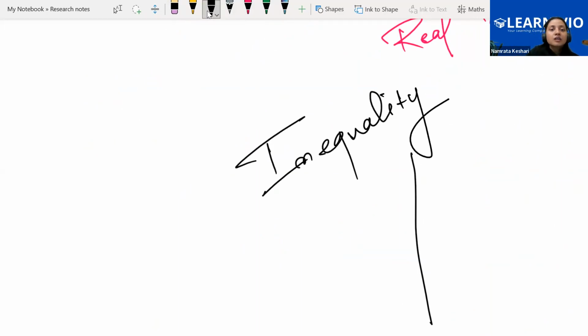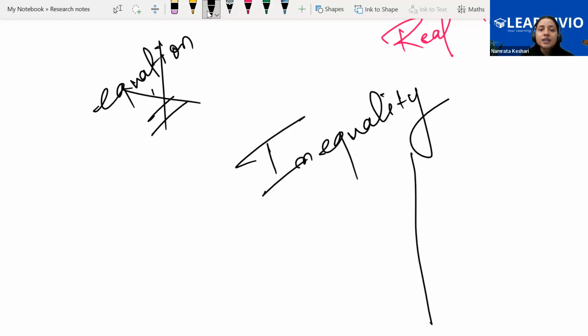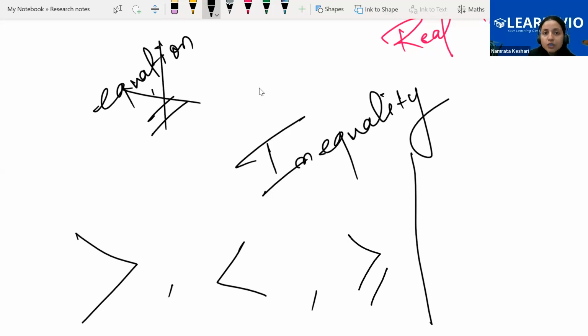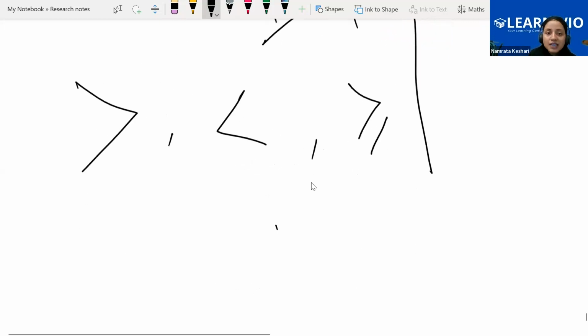Equation means that there must be an equality sign. Now we are going to talk about inequality signs. There are four inequality signs: bigger than, smaller than, greater than or equal to, and less than or equal to.